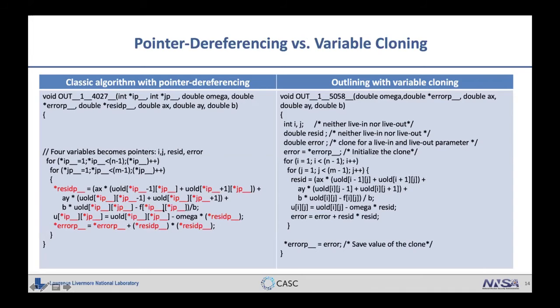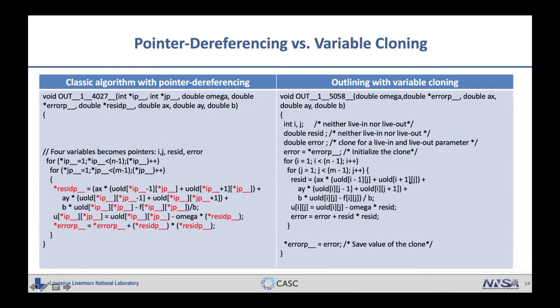Another big difference is that the classic algorithms use a lot of pointer dereferencing in their code, especially inside of the loop. As you can see, all those red variables are actually pointer dereferencing. All those pointer dereferences confuse users, and confuse compilers or tools for further optimizations. Our outliner generates much cleaner code.